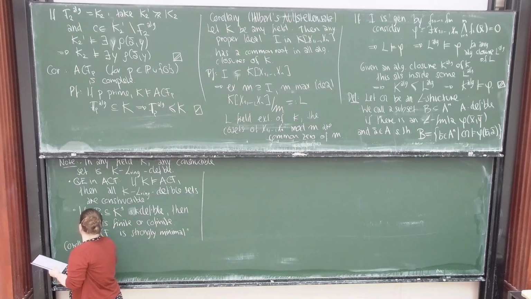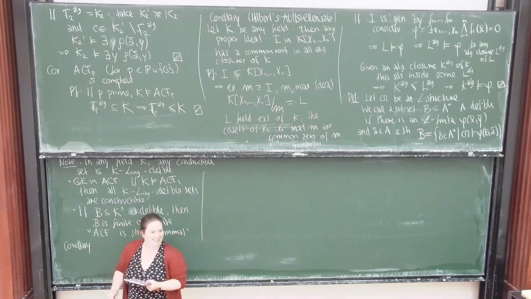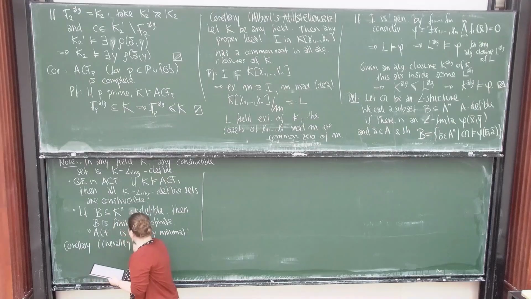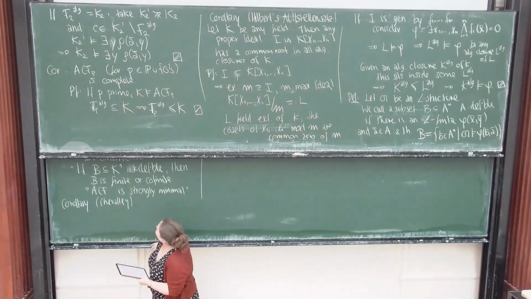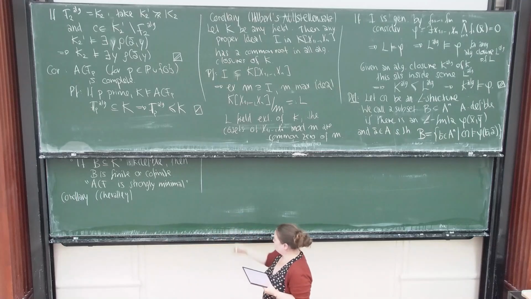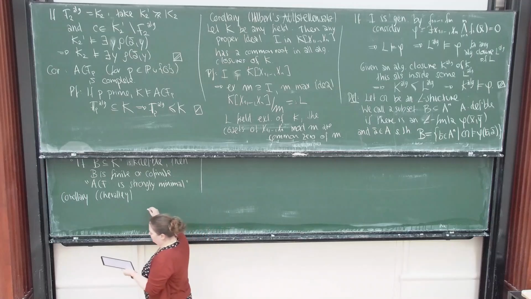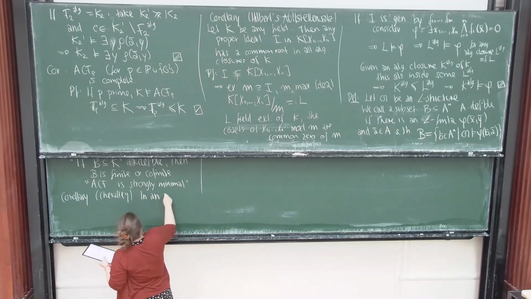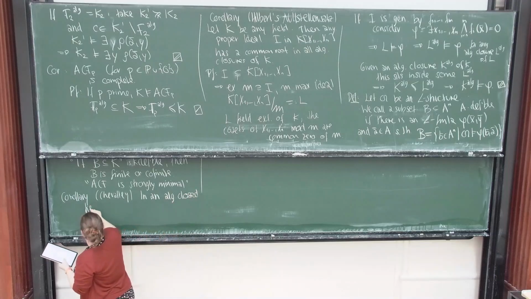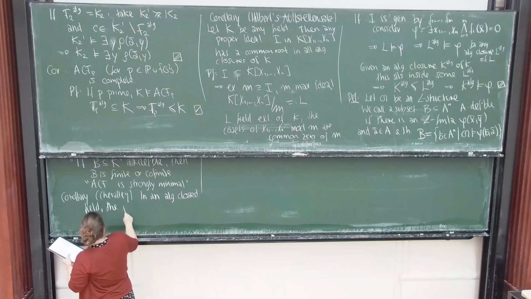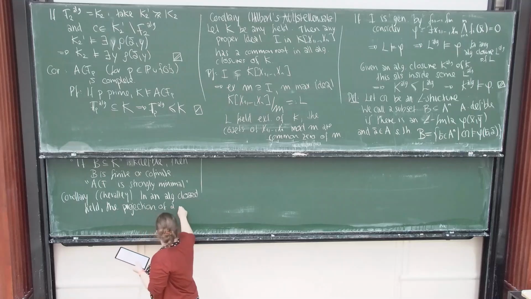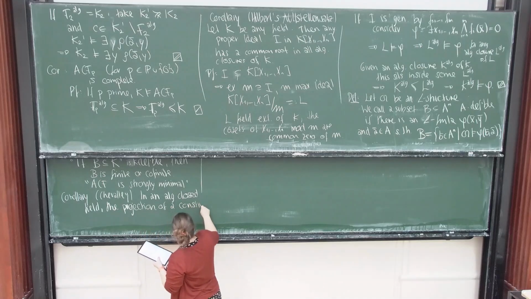One last corollary. I think I promised you more corollaries than I'm actually delivering. Another corollary, also known as Chevalley's theorem, is that in an algebraically closed field, the projection of a constructible set is constructible.